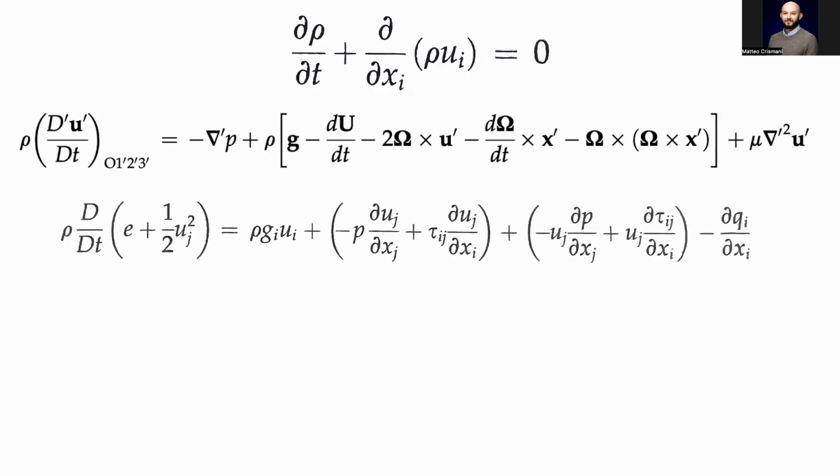This is the effective term. So I can write this thing here as not only this, but also u dx of u, something like that, all of this times rho.